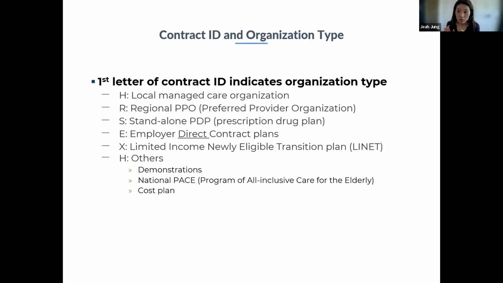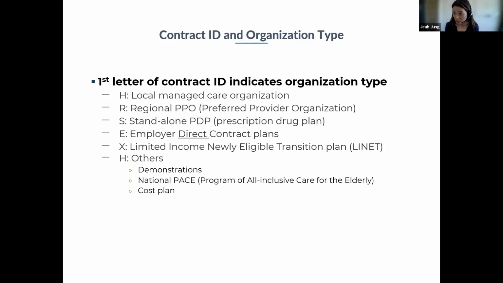This means that regional PPOs have to serve all the areas in that region. So if it is the regional PPO for Minnesota, that means this PPO serves the entire state of Minnesota. Or a regional PPO may serve the other side of the Midwest, North Dakota, South Dakota.